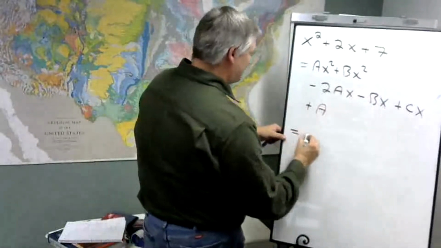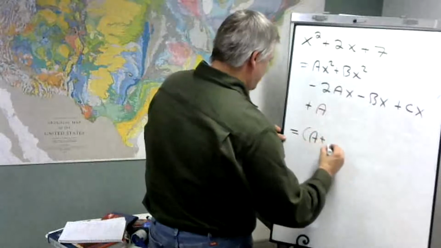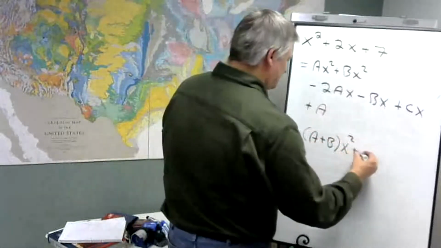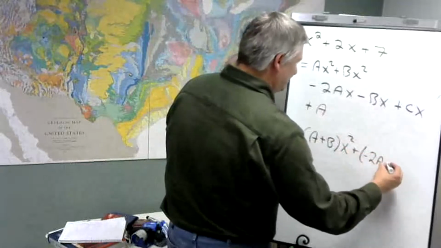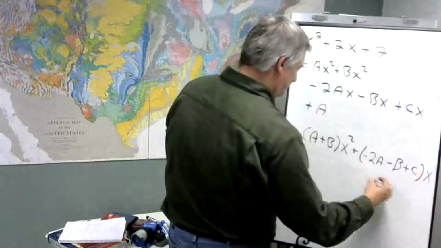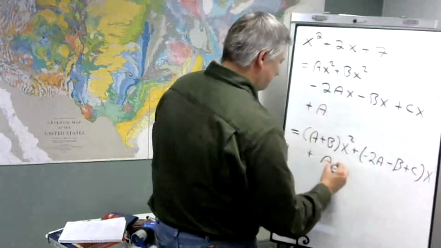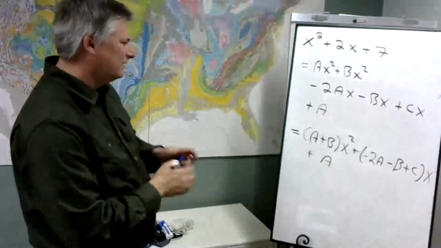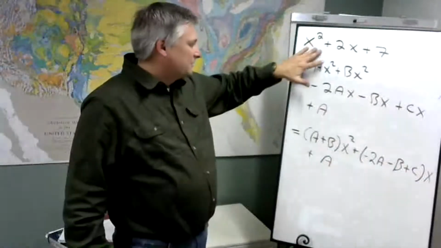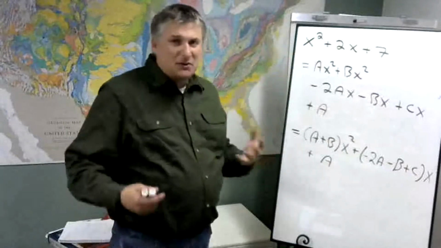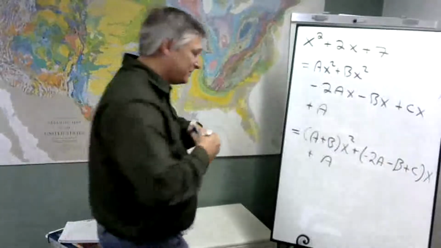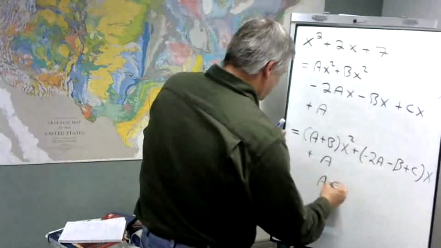Well, what we'll get, a plus b x squared, and then plus minus 2a minus b plus c x, and plus a. Now, when we compare this to this, the easiest thing to do, we have the constant expression, the constant, right away that tells us a equals 7.